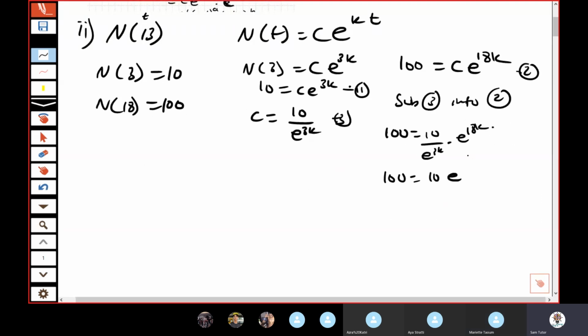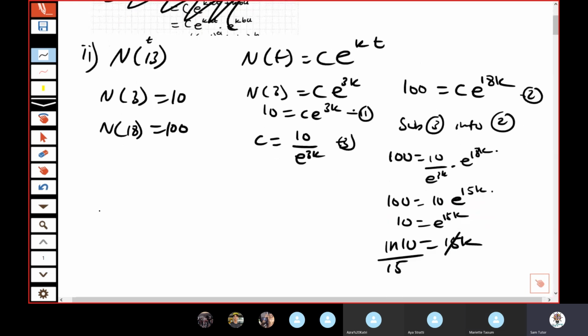E to the power of 21? 18k take away 3k is 15k. Yeah, and then divide by 10. That gives you this, and then what do you do to both sides? Log. And then you divide by 15. You just found your K, which is the thing you need to do n of 13.